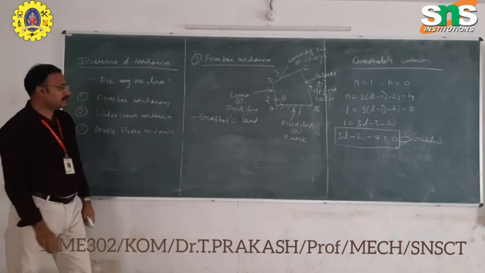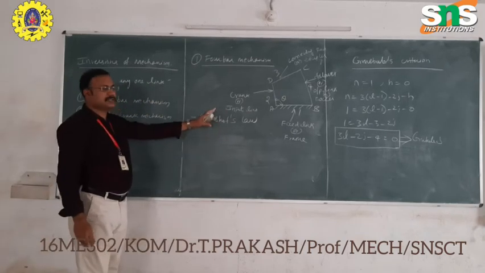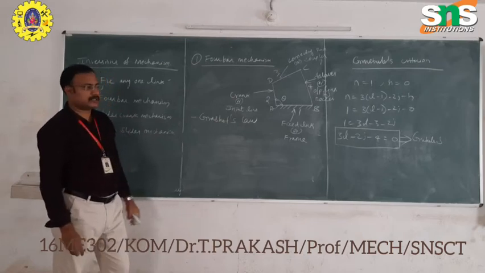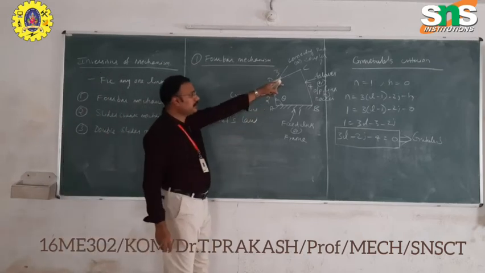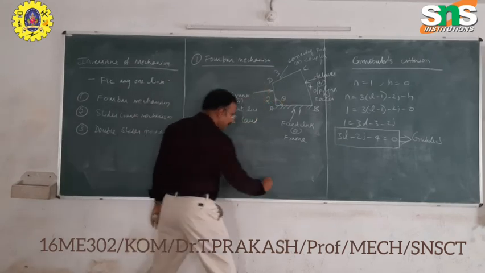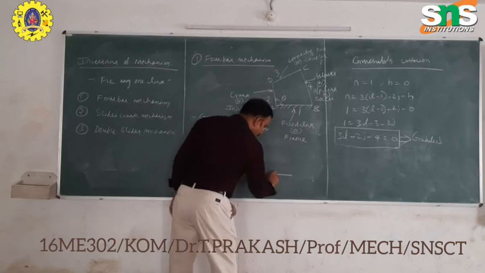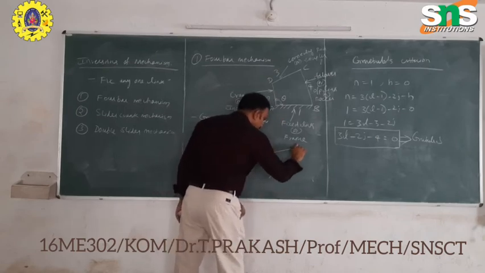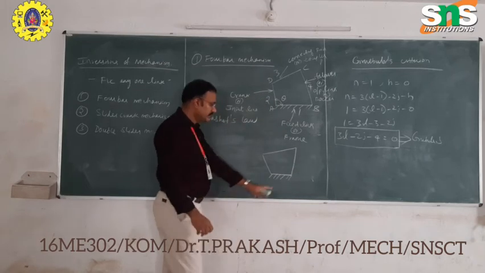Grashof's law states that the sum of the shortest and longest link should not be greater than the other two links. For example, I am taking the shortest link at the bottom side. The shortest link is fixed. This is the shortest link.